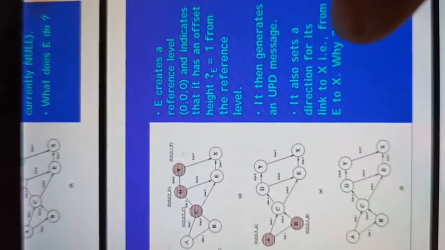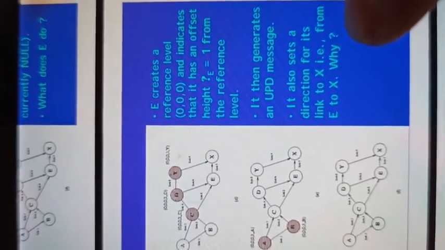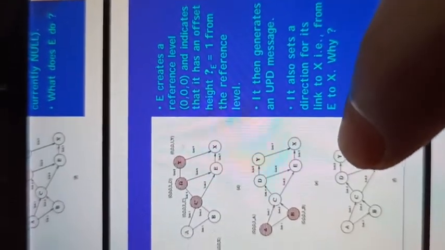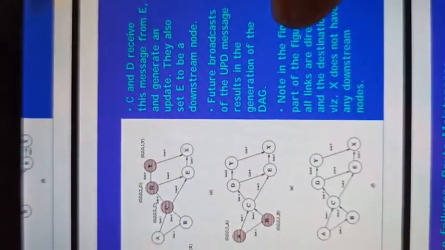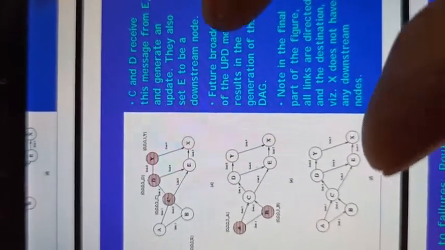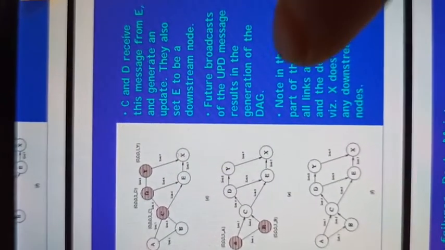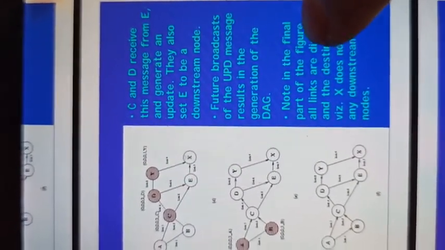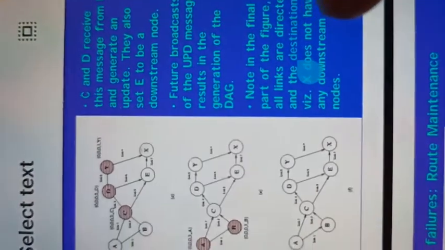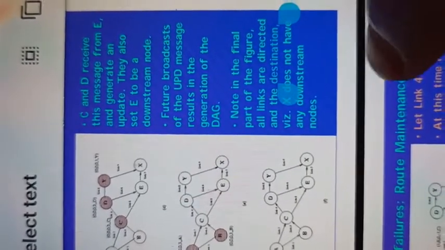It also sets a direction for its link to X, from E to X. C and D receive this message from E and generate updates. They also set E to be a downstream node. Future broadcasts of the UPD message result in the generation of the DAG. Note that in the final part of the figure, all links are directed and the destination X does not have a downstream node.